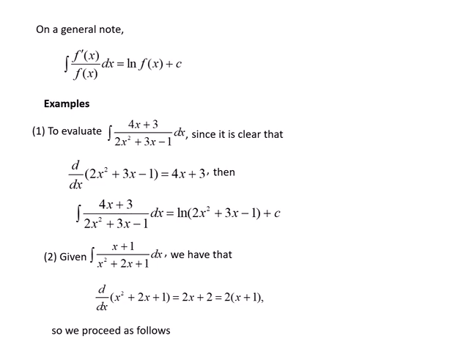So let's now differentiate it. By the time we differentiate it, the answer we got is 4s plus 3. And look at the value we have at the numerator: it is 4s plus 3. Since we have the same answer as the numerator, then we take the ln of the denominator. This is the practical example of what we have been talking about.